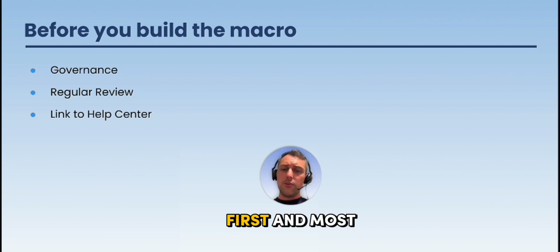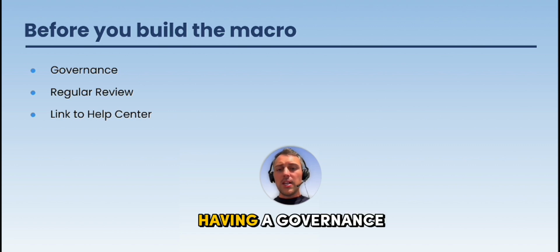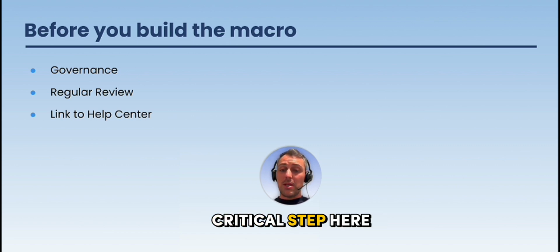Now, the first and most important thing I want to get across in this video is governance. Governance is having a structure in place that allows you to control the content that is in your platform. Having a governance officer is a critical step here.